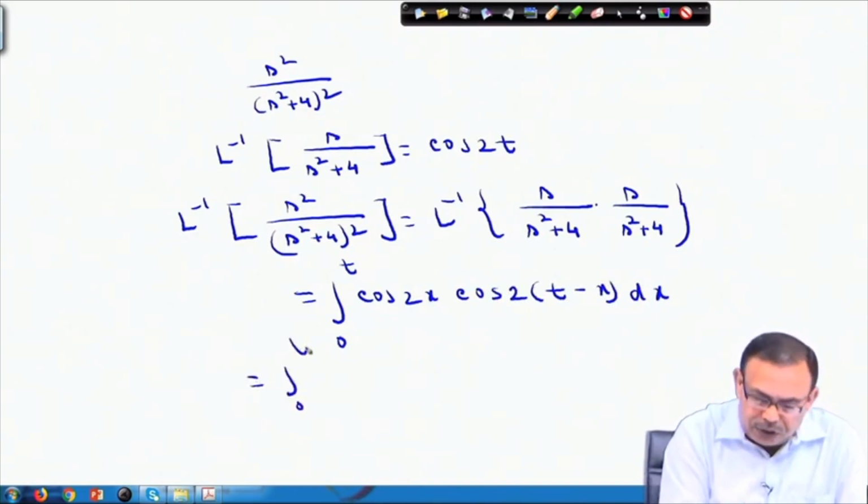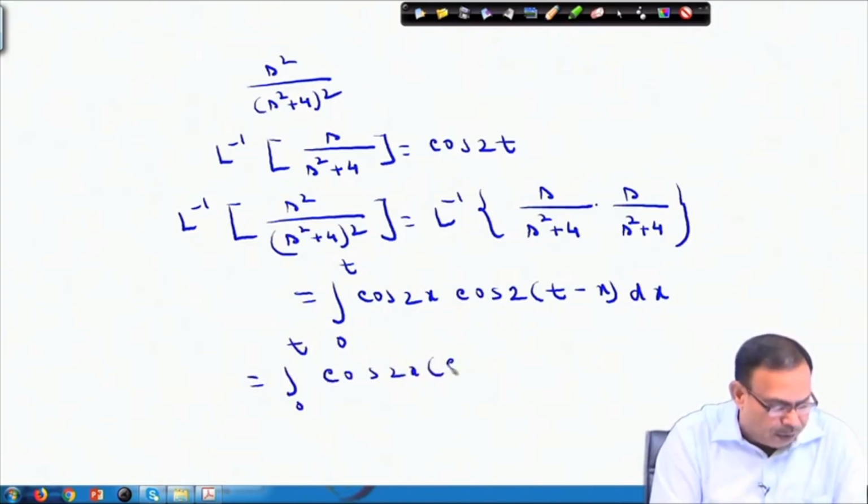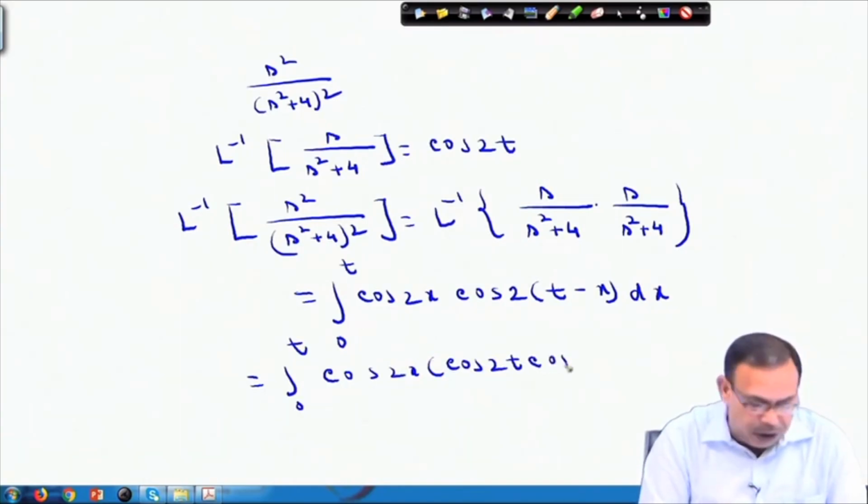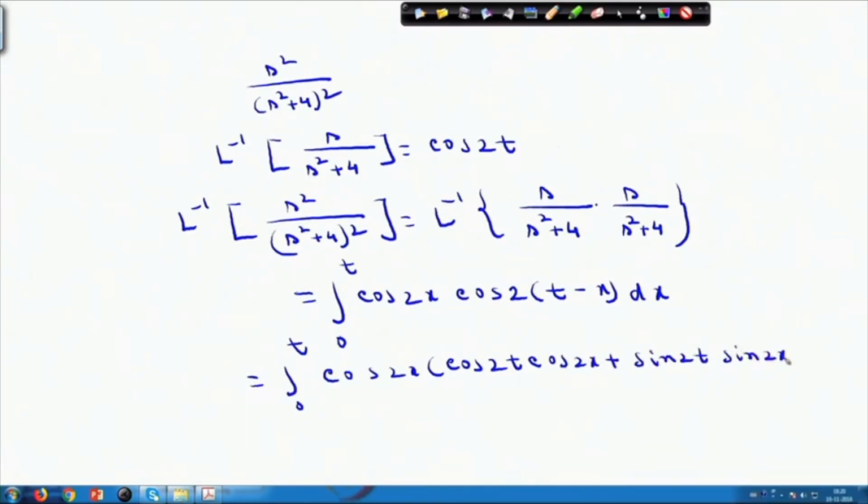This equals integral 0 to t cos of 2x into, I can write, cos 2t cos 2x plus sin 2t into sin 2x, dx. And once I get this, cos 2t is independent of x.